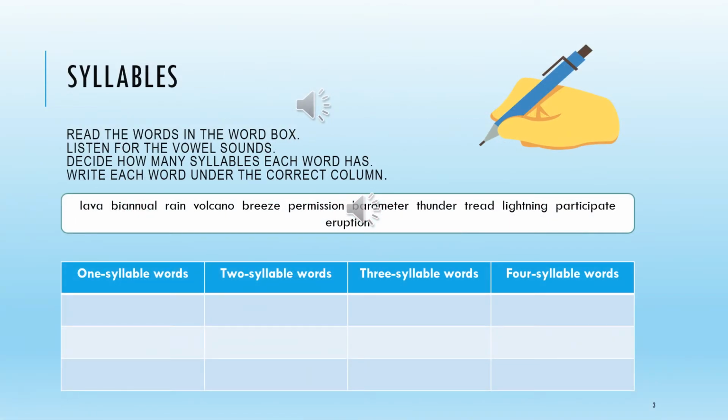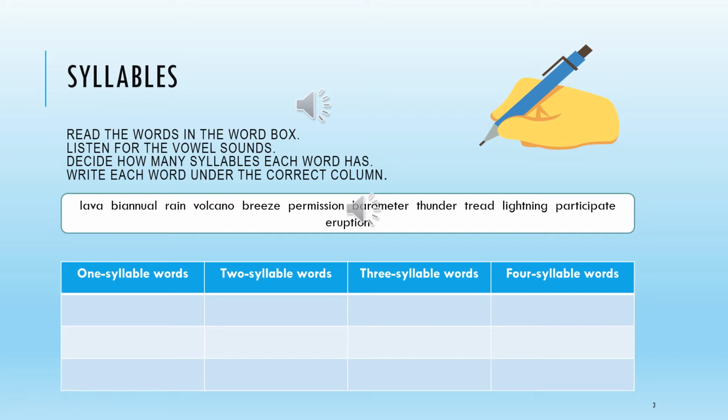Okay, now that we are on page number 3, we are continuing talking about syllables. The instruction on this page is that we need to read the words in the word box. Then we are going to listen to the vowel sounds, and then we are going to decide how many syllables each word has. And finally, we are going to write each word under the correct column.